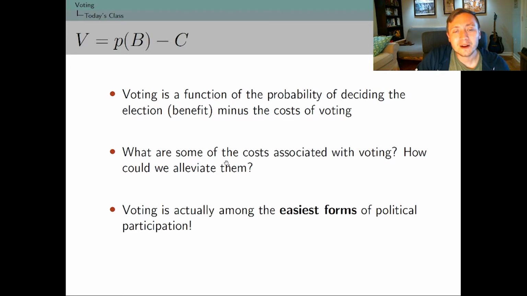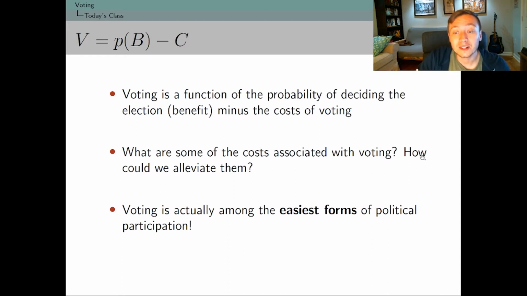However, if we think about some of the costs associated with voting, we could think that this C term is actually non-negligible. It's actually quite large for a lot of people. Even though we might be able to cast a ballot by mail, vote early, or fairly easily obtain a number of different sources of information about the candidates and what they stand for, that still means time and effort, right?